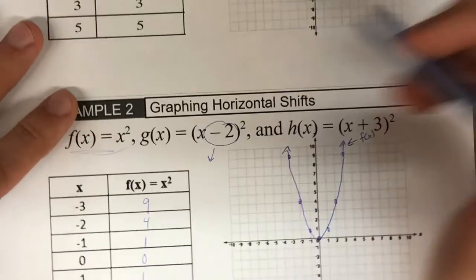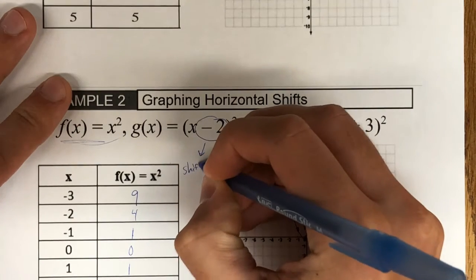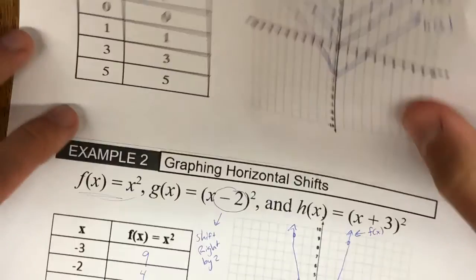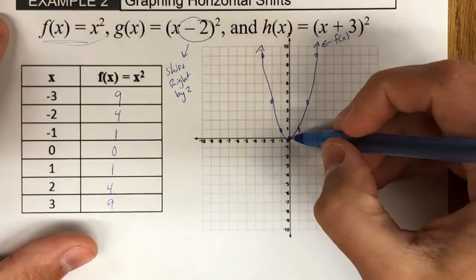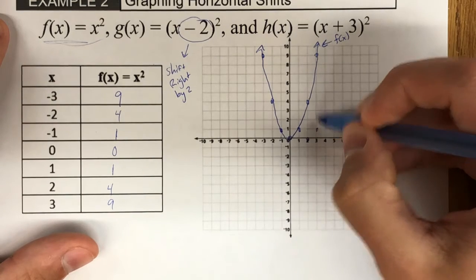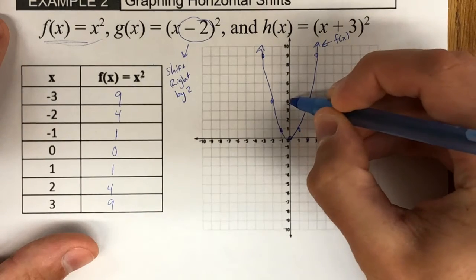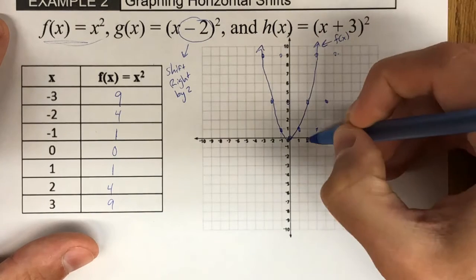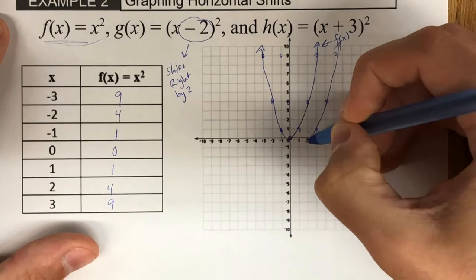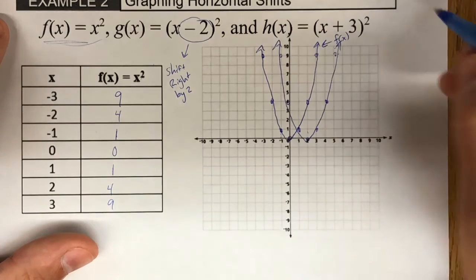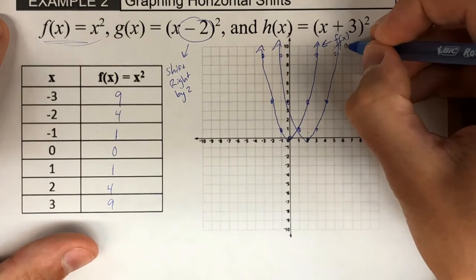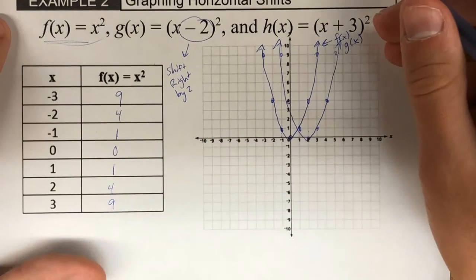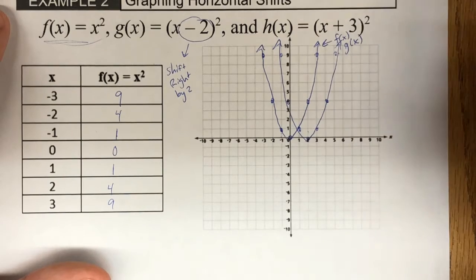So x minus 2 here means we are shifting right by 2. So I'm going to take each of these points and just shift them to the right by 2. Again, there are other ways you can graph these, one of which being you can just plug things in and get points that way as well, but this works too.